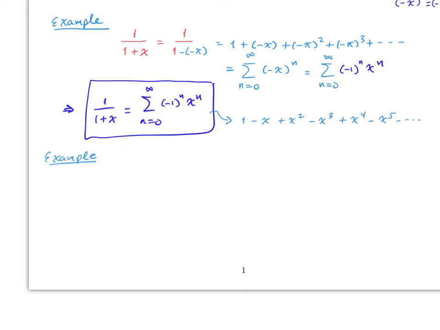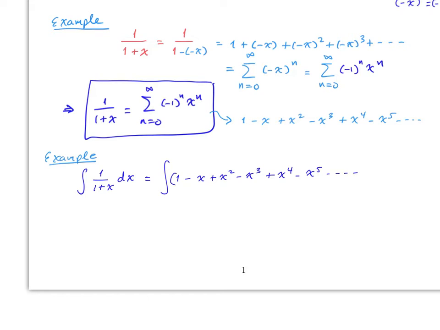Okay. So now let's say that we integrate both sides. So you integrate 1 over 1 plus x dx, that's the left side. Notice that you should be able to integrate here 1 by 1. And this is the reason why power series are very powerful and useful, especially in higher math classes.